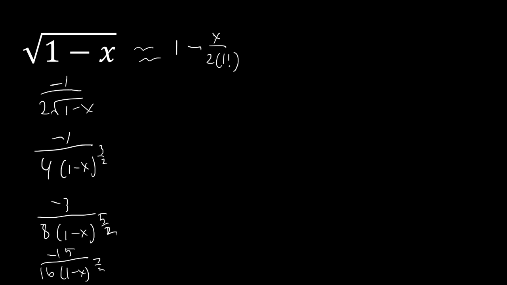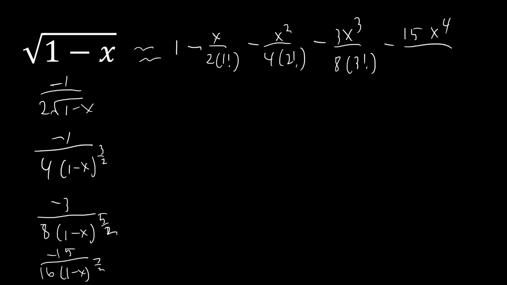Then we're going to have minus x squared over 4 times 2 factorial. Then minus 3x cubed over 8 times 3 factorial. Then minus 15x to the 4th over 16 times 4 factorial. And we're just going to continue so on and so forth in that way.